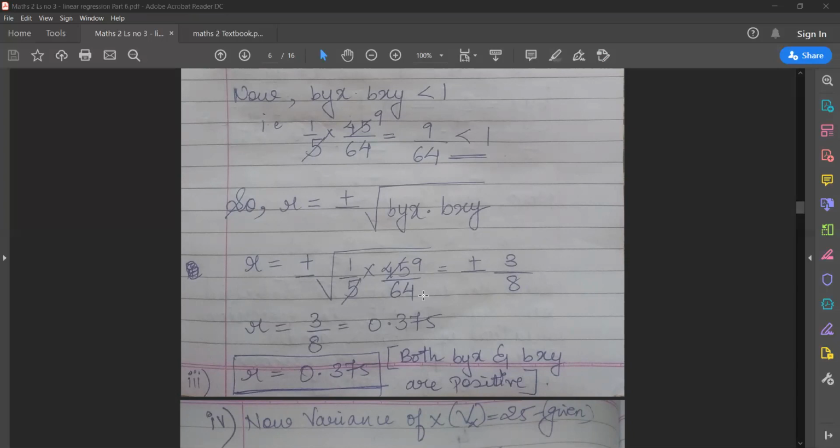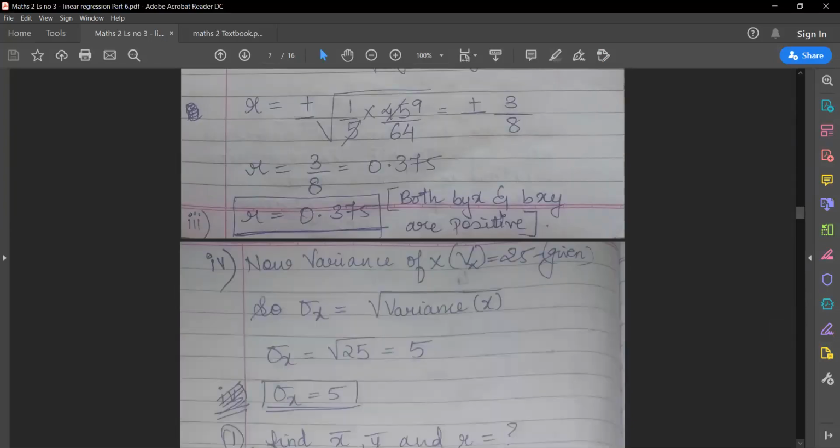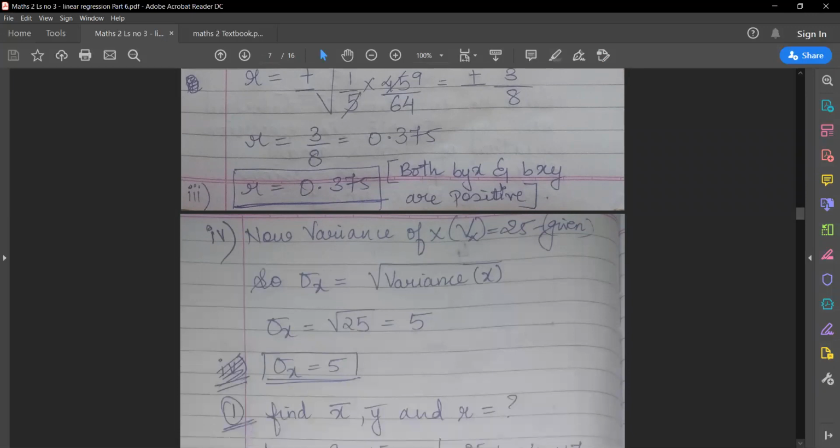So we got the third part. Now they had told us to find out the standard deviation of y, that means sigma y, correct? Now how to calculate that? Very easy again. The variance of x is given to be 25 in the question. Remember class the formula which I had taught you: if we want to find the standard deviation, we take the square root of variance.